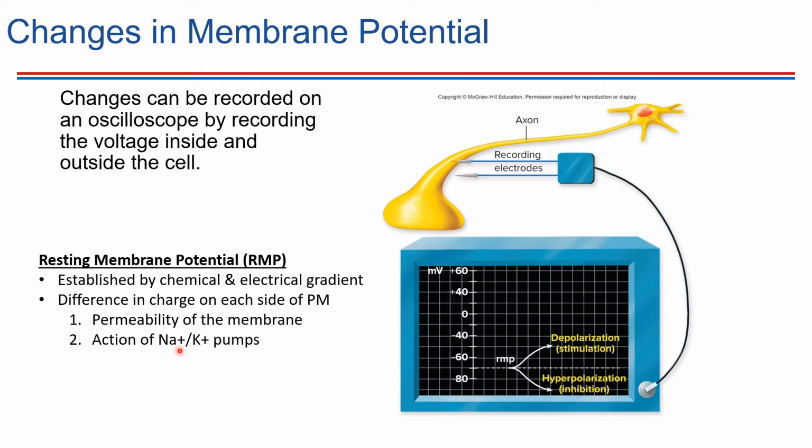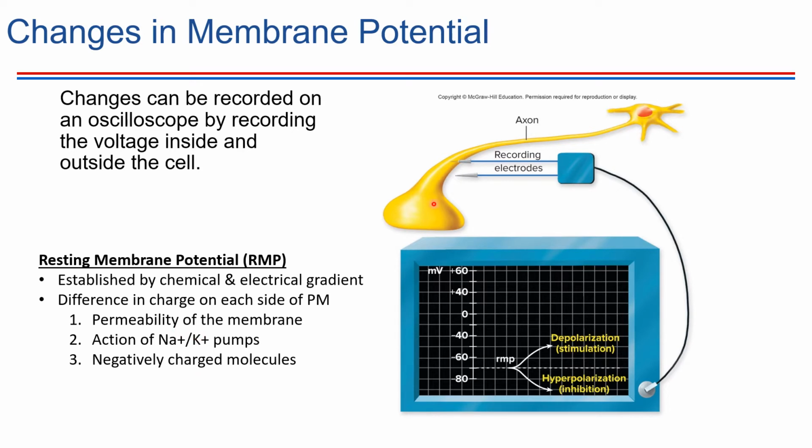The second is going to be the action of the sodium-potassium pumps. These sodium-potassium pumps are going to be in just about every cell in your body, and they're going to be putting 3 sodiums out of the cell for every 2 potassiums that come in. So it's constantly making the cell a little bit more negative and managing those sodium and potassium ions.